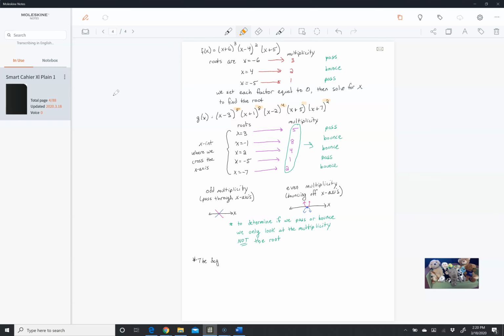and this is a common mistake that people make. So make sure that you really think about this as you graph. The degree of a polynomial in standard form is the highest power of x.